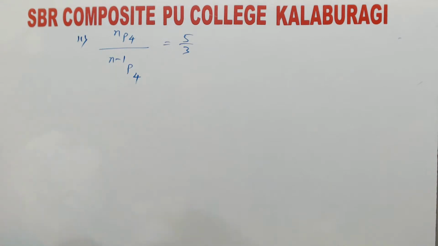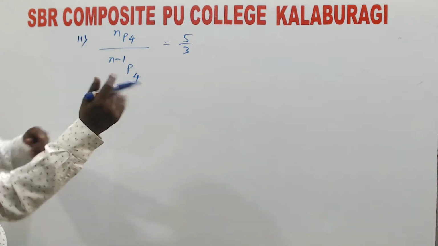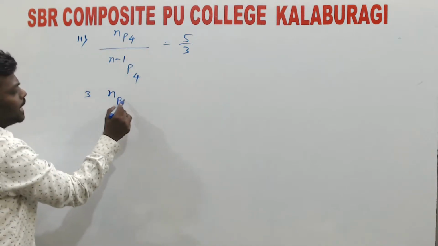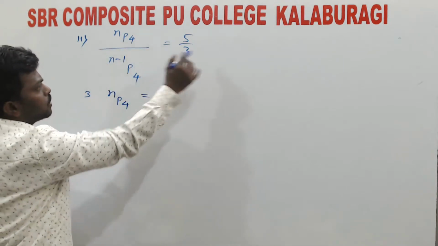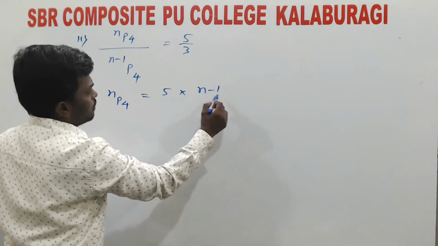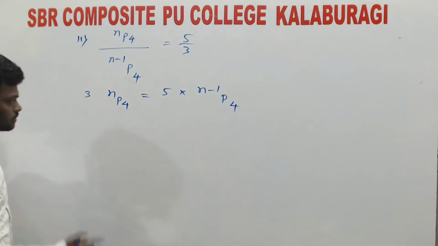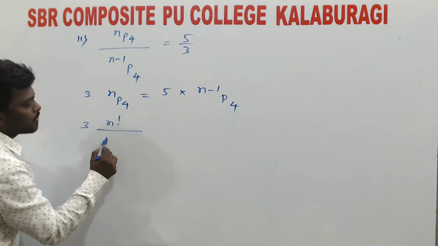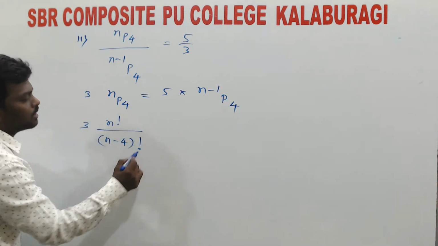So now use the formula, or first cross multiply them. 3 into nP4 is equal to, cross multiply, 5 into (n minus 1)P4, right?